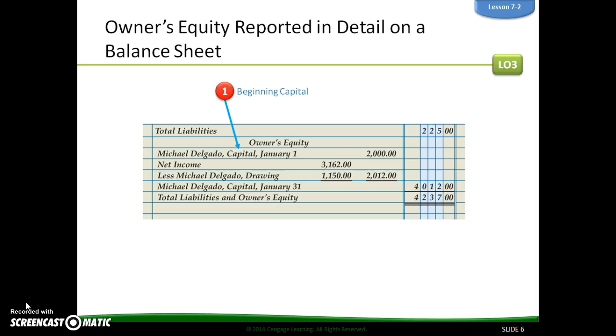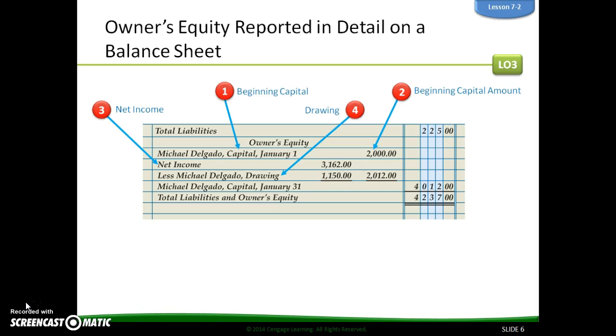As we look at the detail reported for owner's equity on the balance sheet, you can see that we've got a beginning capital amount, and we're going to list the net income that came into the business. We're going to subtract out the amount of money that was drawn from that drawing account. And then we have a total amount of owner's equity that we are reporting, the $2,000 plus the $2,012 that came in for a total of $4,237.